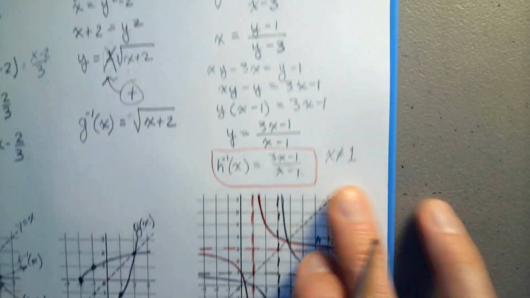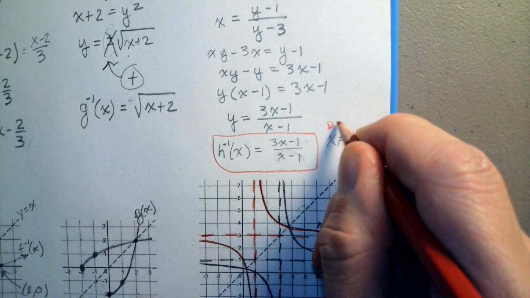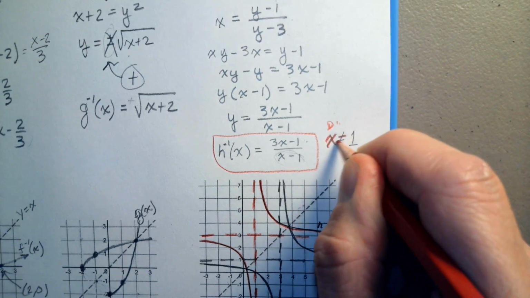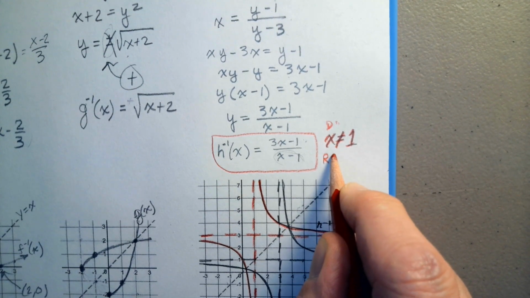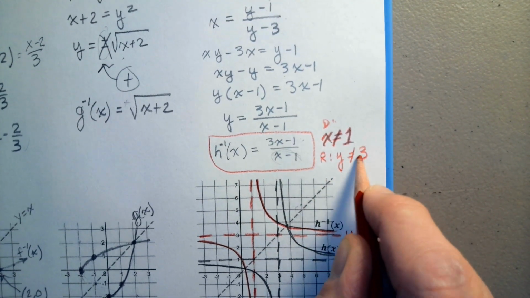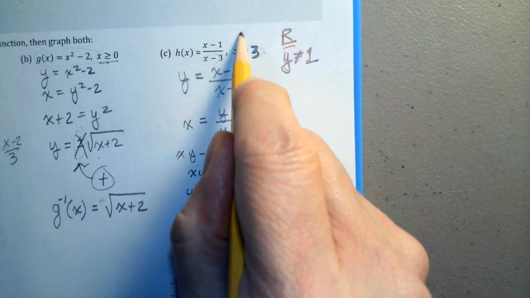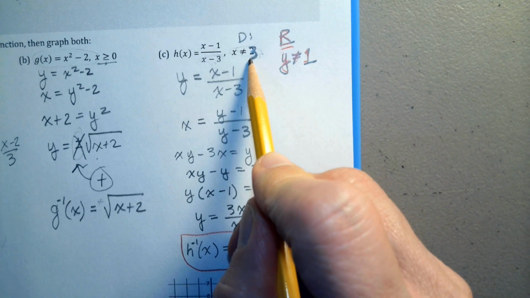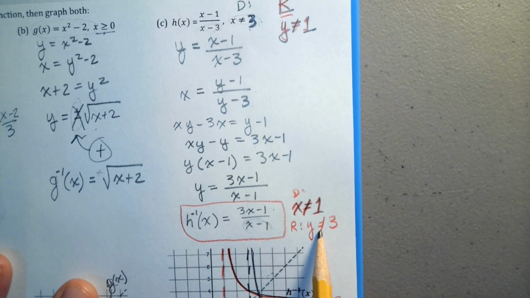All right, then down here, the domain is that x cannot equal 1, and the range is that y cannot equal 3. So you can see how the domain up here, x cannot equal 3, became the range in the inverse.